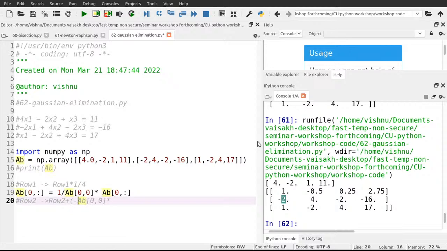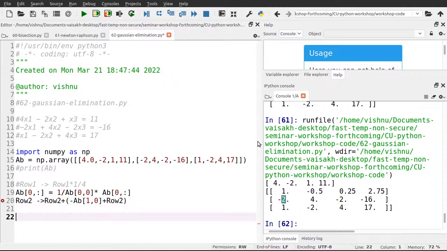Minus of the first entry in row 2 is nothing but 1 0. Minus of the first entry in this one, 1 0. Now plus row 2. Row 2 is nothing but this is what we want.